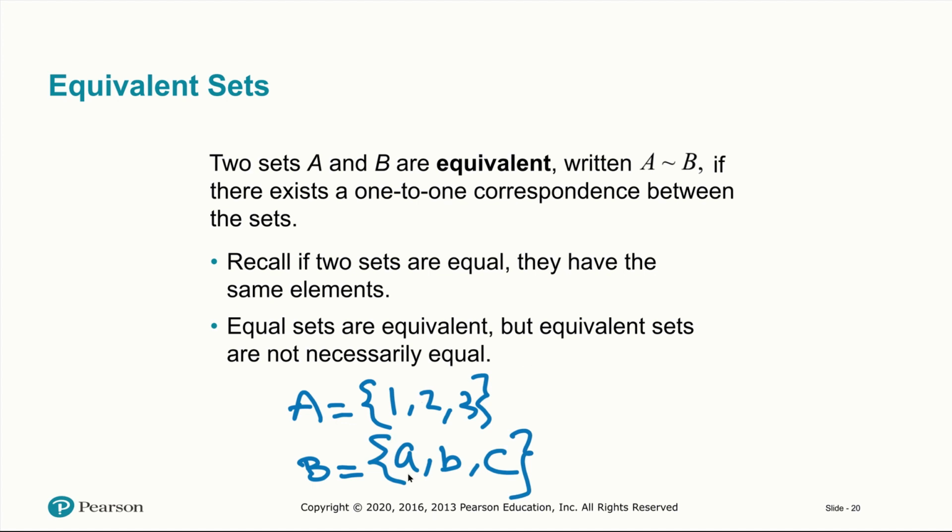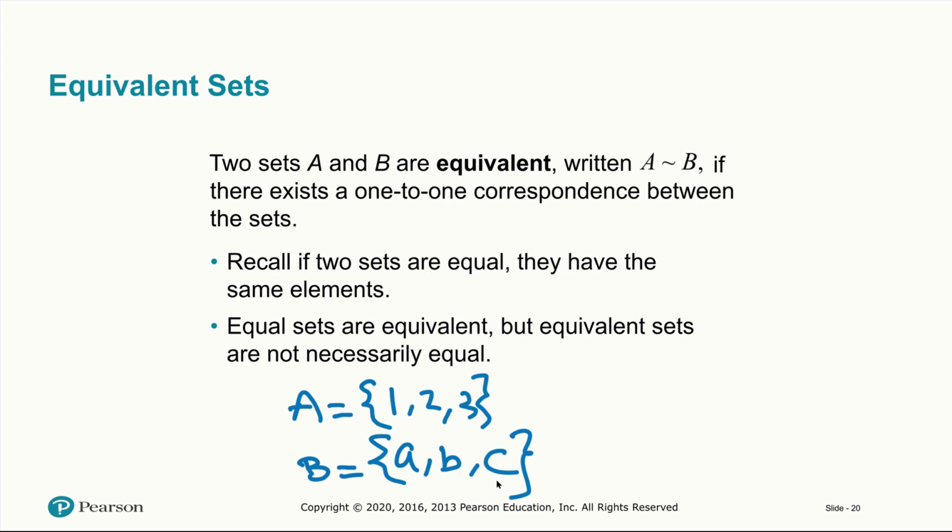Obviously these 2 sets are not equal, because remember, 2 sets are only equal if they have the exact same members. Here we obviously don't, right? However, there is something interesting about them, right? We can put them in a one-to-one correspondence. And notice that the only way that can happen, at least for finite sets, is if they have the exact same number of elements, right?